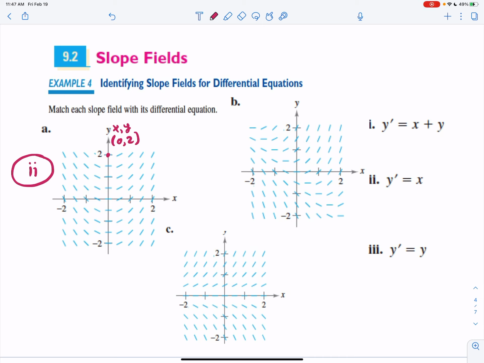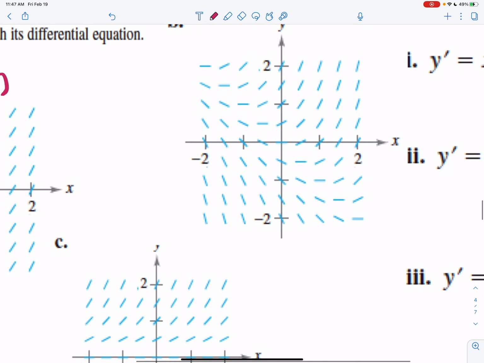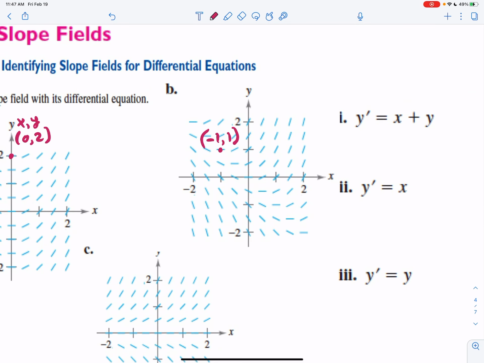Let's take a look at B here. If I pick a very unique point, I don't want to pick this one because that's 0, 0. The coordinates are the same. You want to pick something that's slightly different. So I'll pick, let's say, this one here. That right there is -1, 1. If I plug it into my choices, I should get 0 because that's a horizontal line.